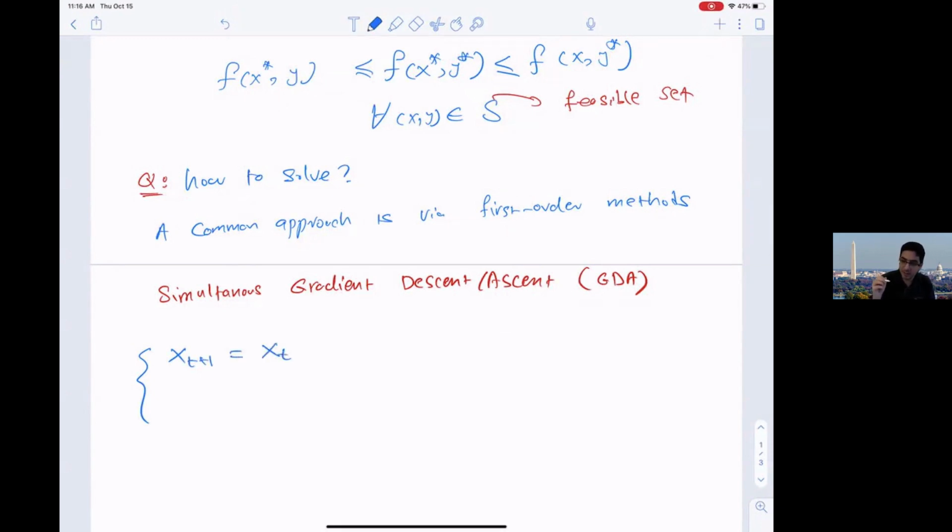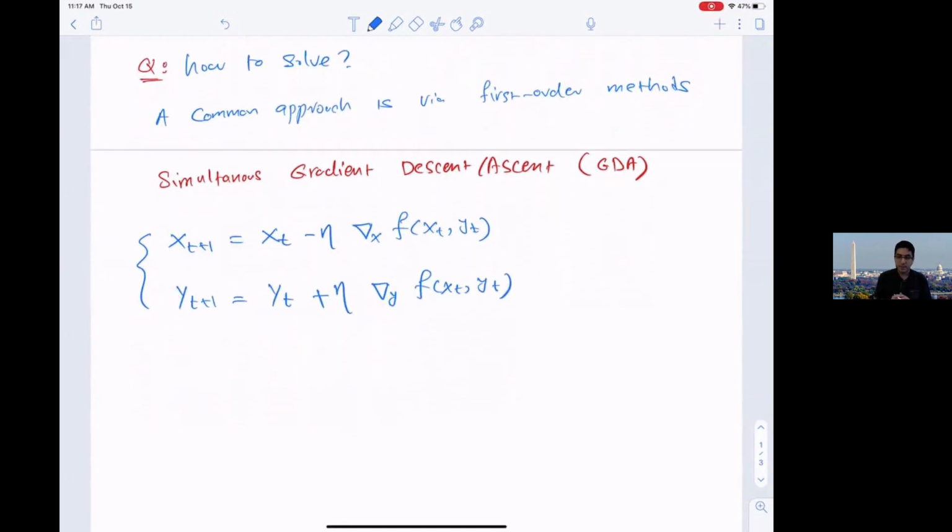I'm minimizing, so I'm going to go in the negative direction of the gradient, minus eta times gradient of my function evaluated at point computed in time t. And similarly, my y at t plus 1 would be y at t plus, because we are maximizing, eta gradient of my objective function evaluated at time t.